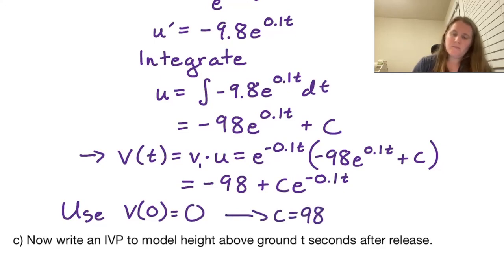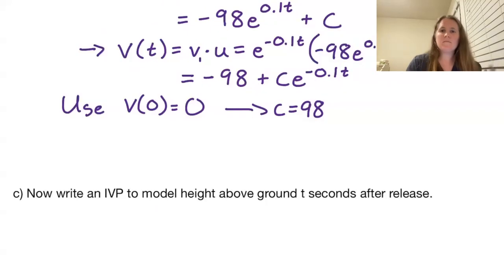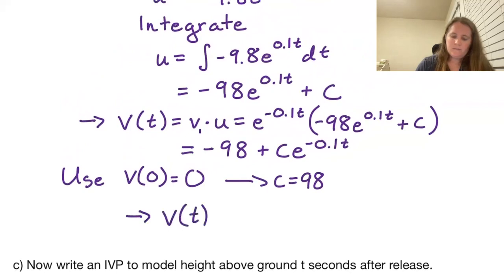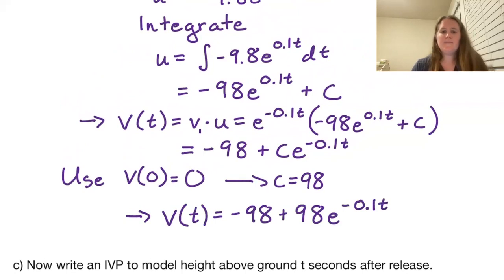And we get, let me give myself a little more room again, I apologize. We get then that V of t is negative 98 plus 98 e to the negative 0.1 t.